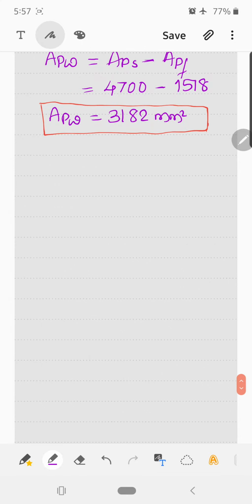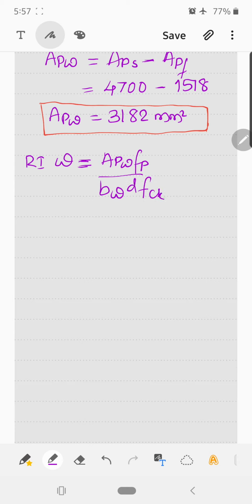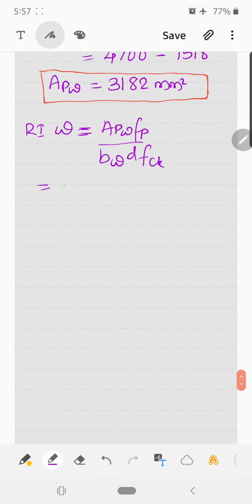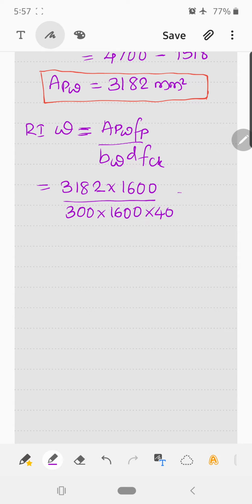Now determine the reinforcement index. Since the neutral axis is in the web, W is APWFP divided by BW D into FCK, so APS is replaced by APW and B is replaced by BW. Substituting the values, 3182 into 1600 divided by BW 300 into 1600 effective depth into FCK 40. So the reinforcement index is 0.265.